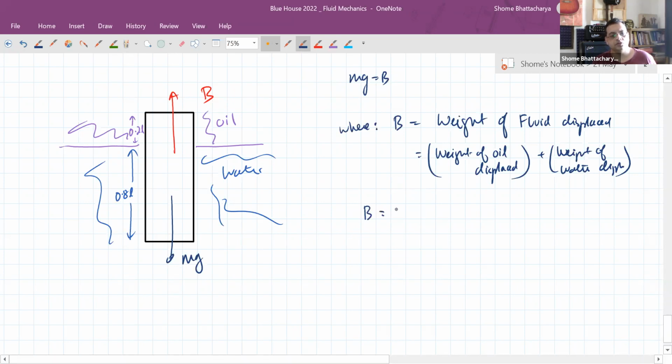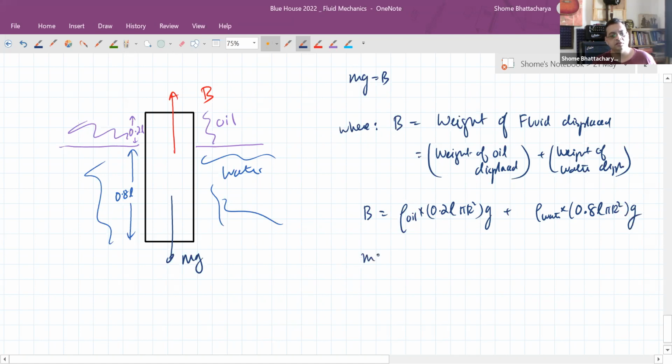The buoyant force over here should be equal to density of oil into 0.2 L pi r square g, plus density of water into 0.8 L pi r square g.